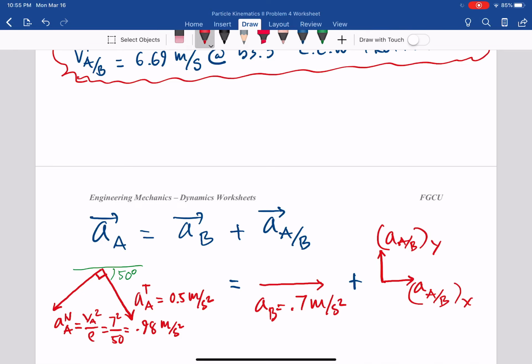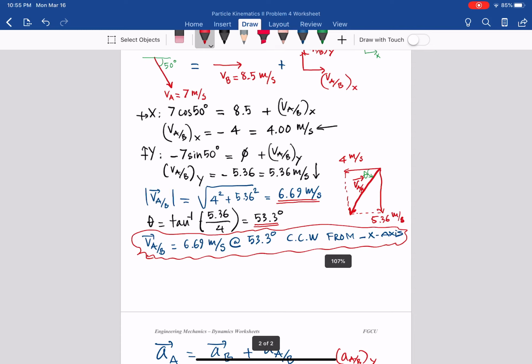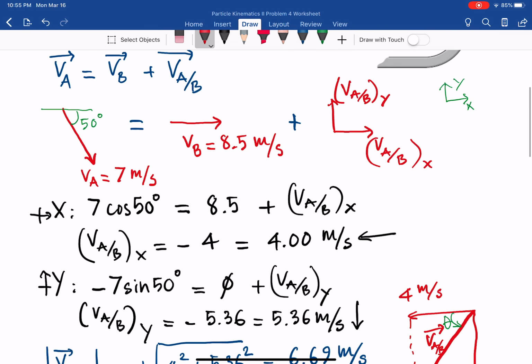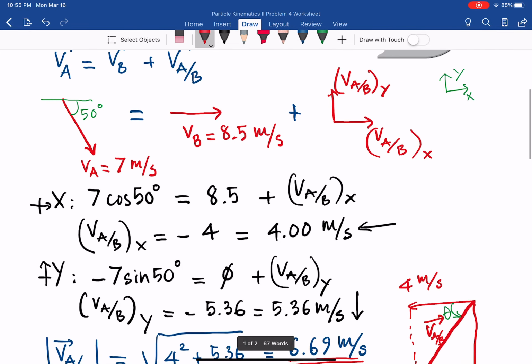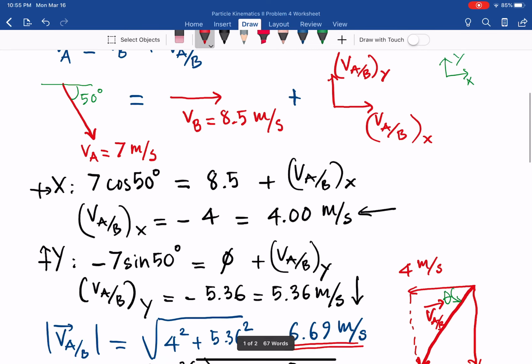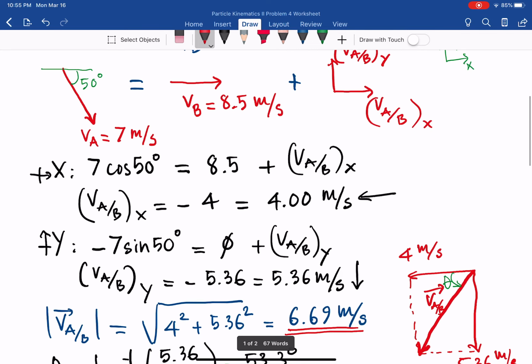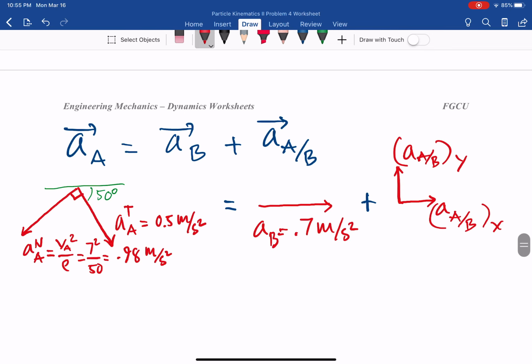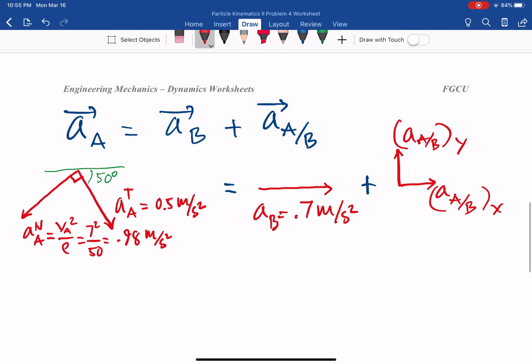As you can see, that process is exactly the same as we did in the previous problem, exactly the same as the velocity diagram for relative velocity. For relative acceleration, the xy components are unknown, so from that we can solve for the scalar components. Just before that, we want to see what that angle is here. There are many ways you can find out. One way is very simple.